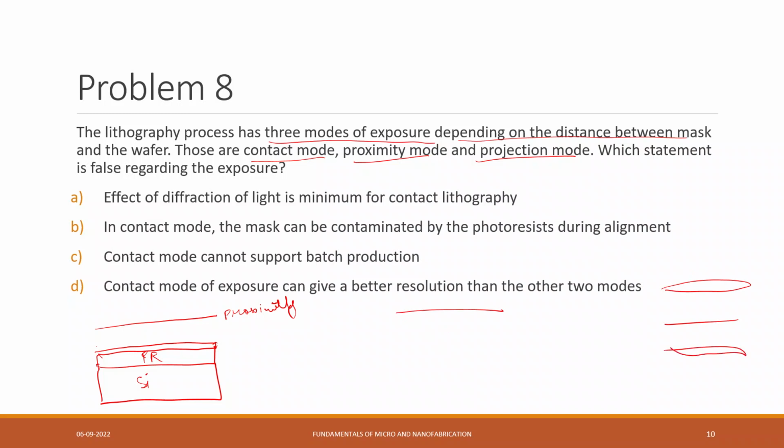These are lenses, this is the mask, and this is the substrate, silicon. When we use lenses, we call it projection. So which one of them is the correct one?